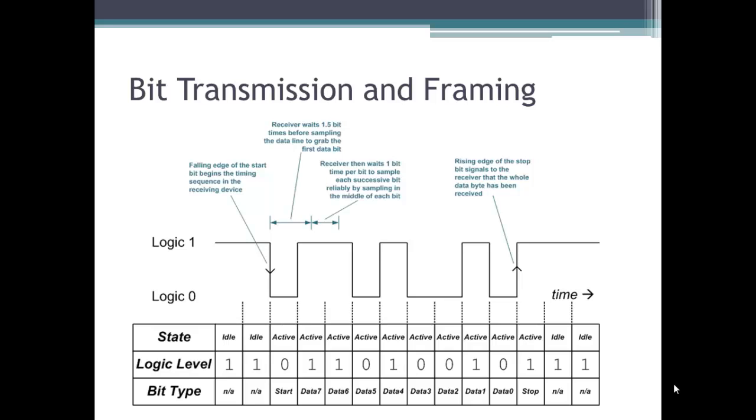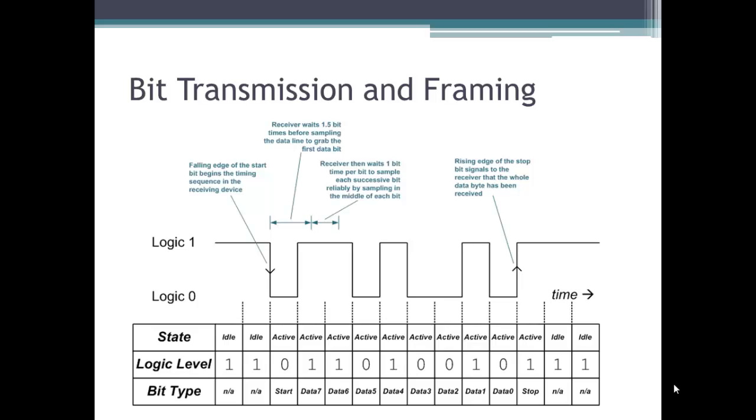Then, on each segment marked by the dashed lines, we're looking at the next clock edges. On one of the clocks here, the TX line falls low, and the falling edge of the start bit begins the timing sequence in the receiving device.